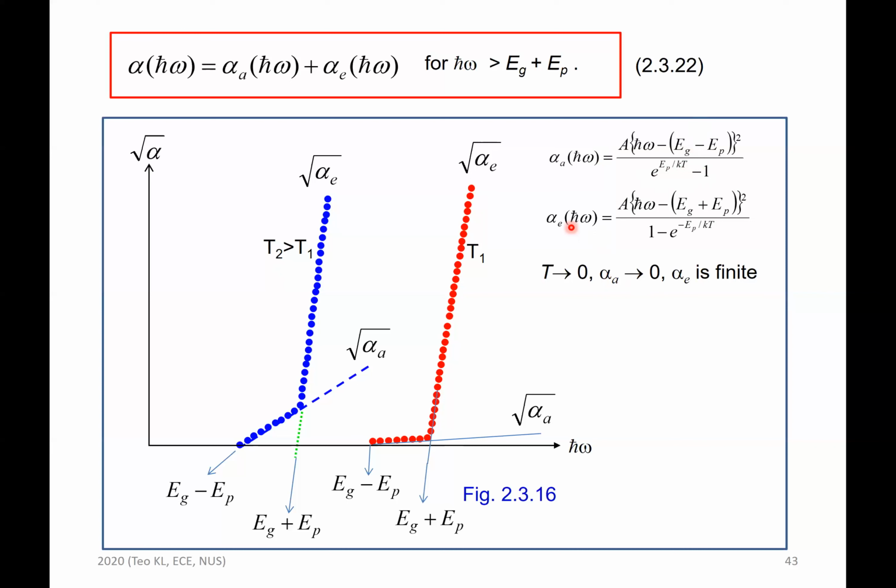But for the emission of phonon, 1 over, let's say, 0 is infinity. E to the power minus infinity is 0. So it's a finite value. So it's easy to understand that at low temperature, lattice vibration is small because you need thermal energy for the lattice to vibrate.